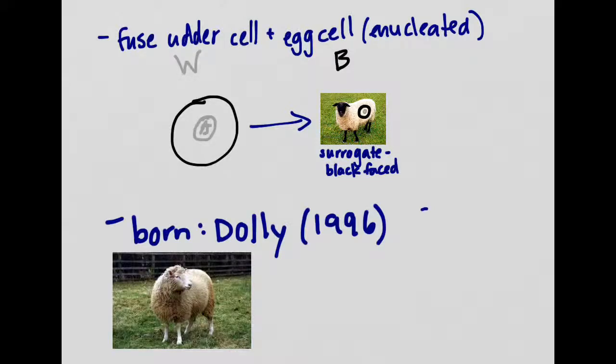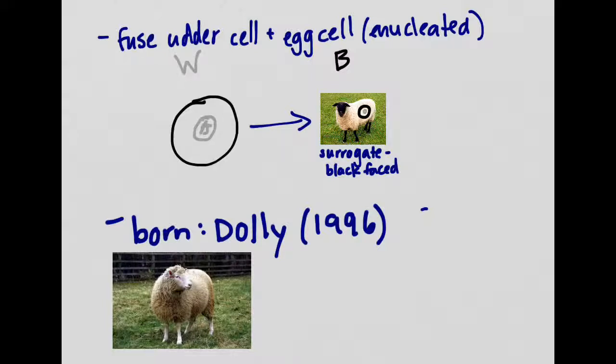And keep in mind that even though the donor of the enucleated egg cell originally had a black face, Dolly was born with a white face, which was just like the nucleus donor. So Dolly had the same DNA as those udder cells that she came from. So she was the clone of those udder cells.